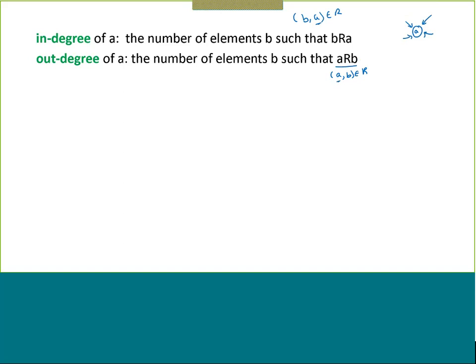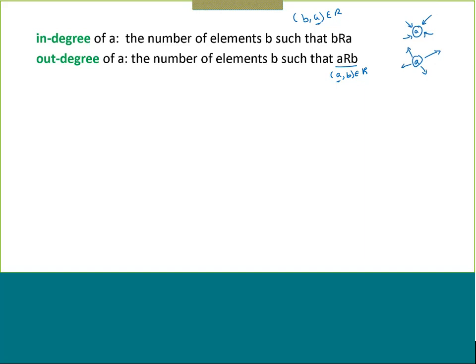Personally, again, I find that this definition back in the relation, it's pretty easy to accidentally flip-flop the A's and the B's, but definitely easier to see in the digraph. The out degree is all the arrows that are leaving that vertex.